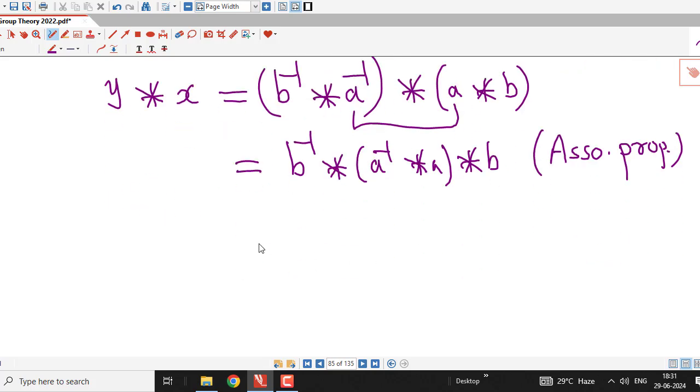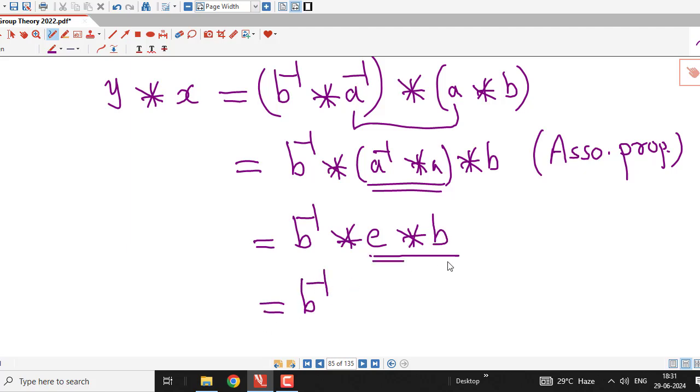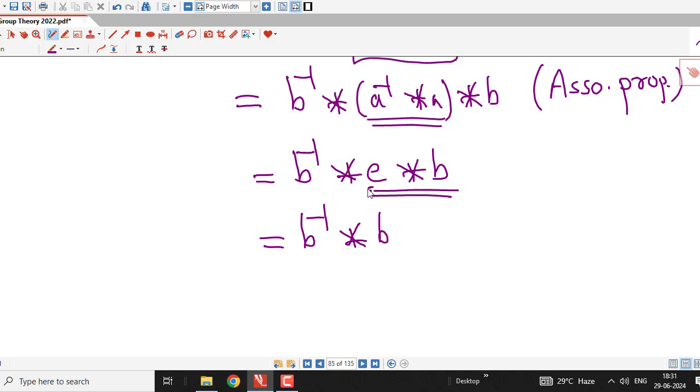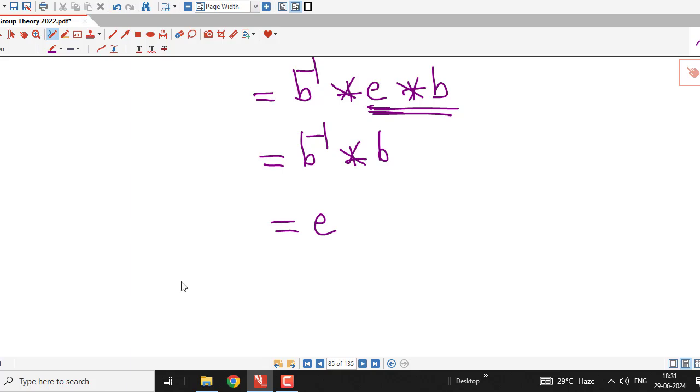G is a group and all these are elements of G. Now A and A inverse are inverses of each other, so I can replace this by identity element, and if I consider identity element with element B, then I get B. Okay, that is by definition of identity element, and by definition of inverse this is equal to identity.